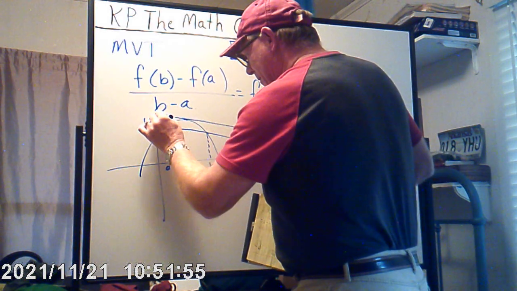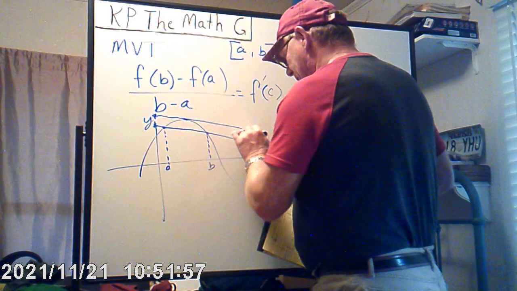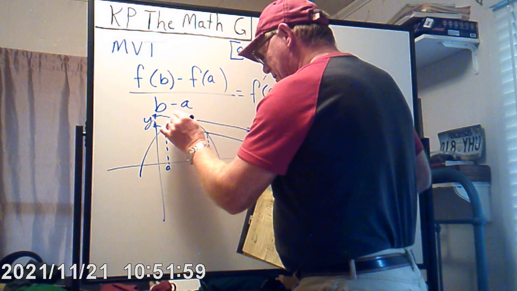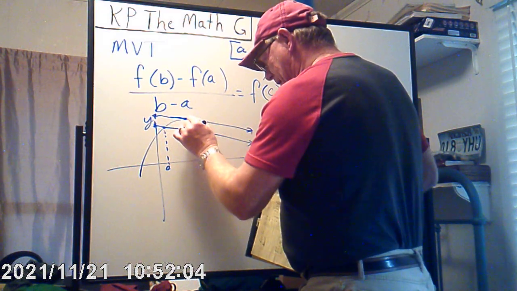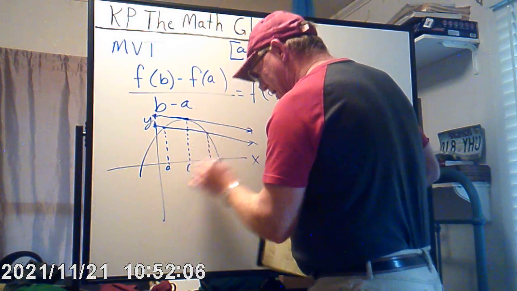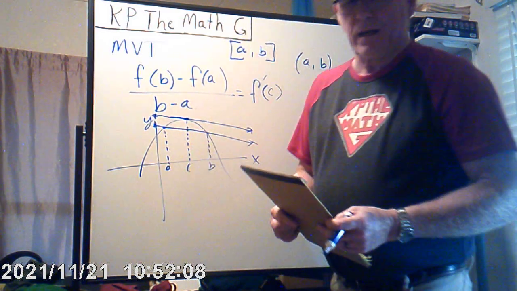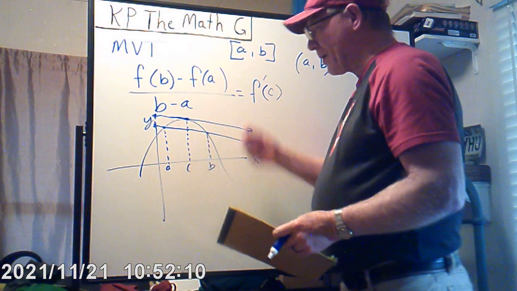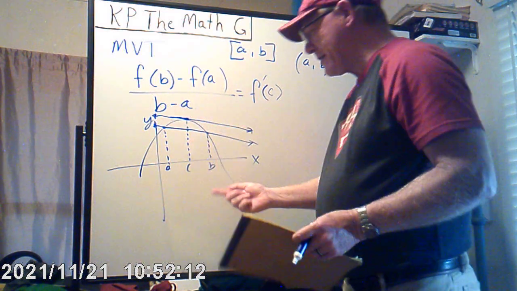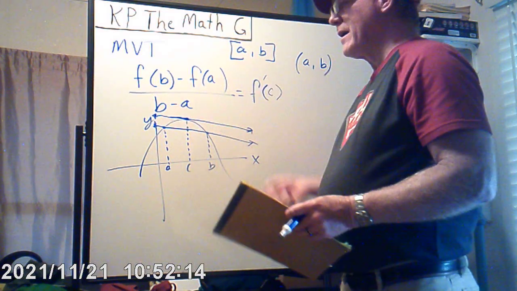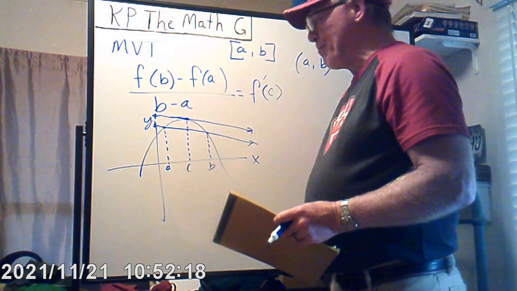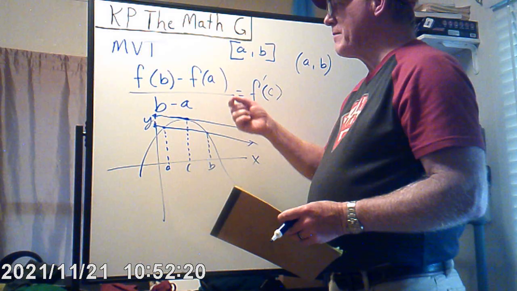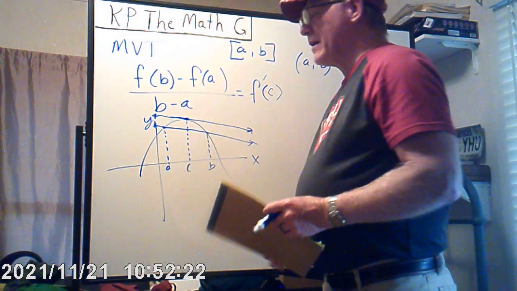Parallel lines, right? The slopes should be parallel to each other. So that point C is somewhere right in here, maybe. That's the general idea. Pictorially, that's a good way to see that, and there are so many applications to this mean value theorem.